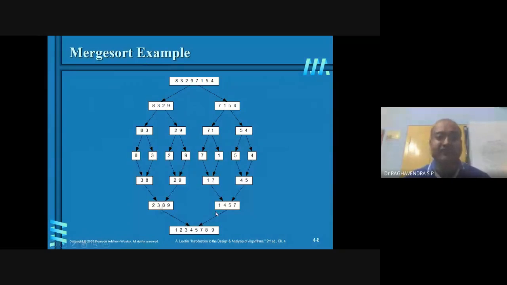Once again, you compare these two four-value halves. 1 is the smallest, so 1 will be taken, then we have 2, 3, 4, 5, 7, 8, 9. So this process will generate a sorted array. This is the best illustration of merge sort using divide and conquer.